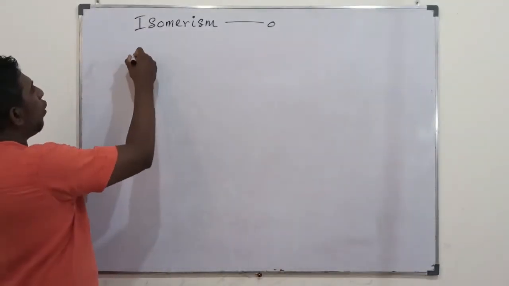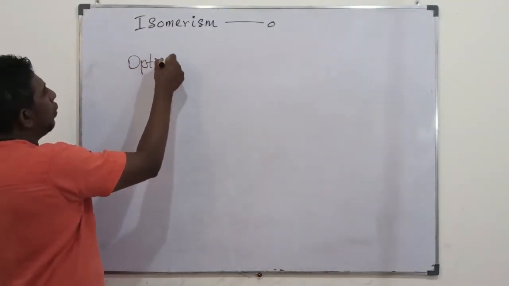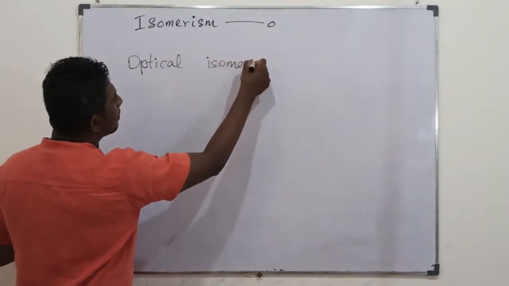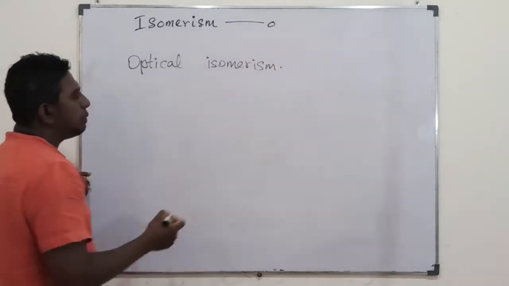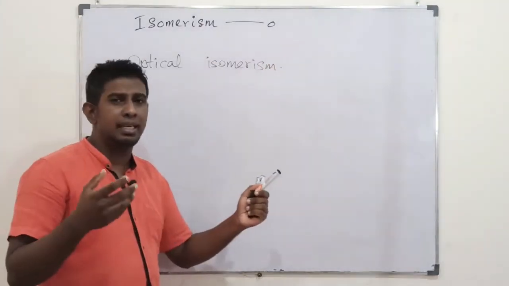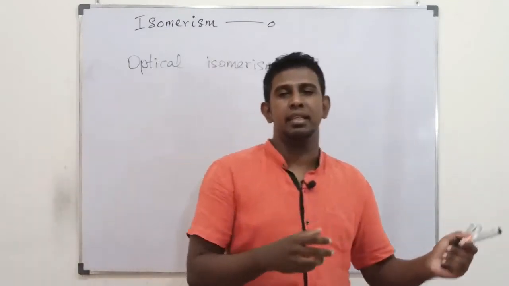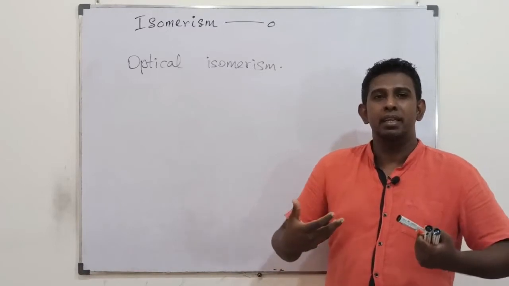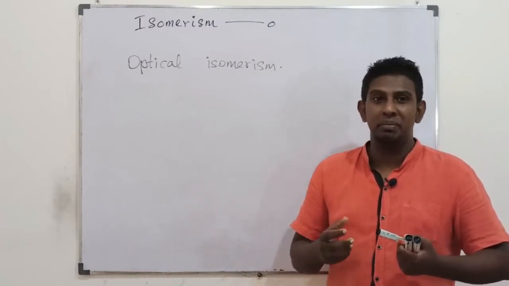So, what is optical isomerism? I would explain what is optical. Optical means it's light related. So why is that we call it light related? Optical, later on, not at the very beginning.